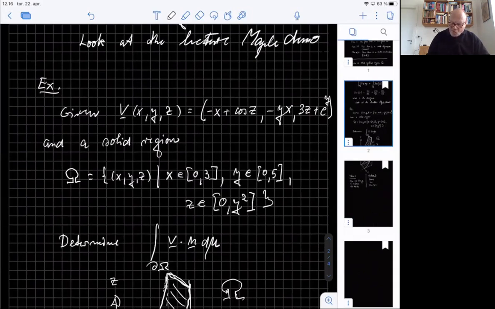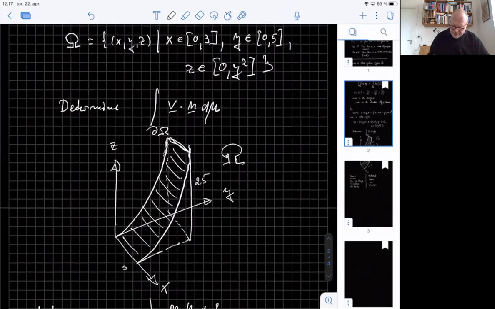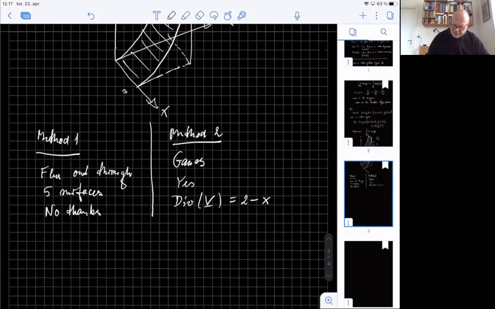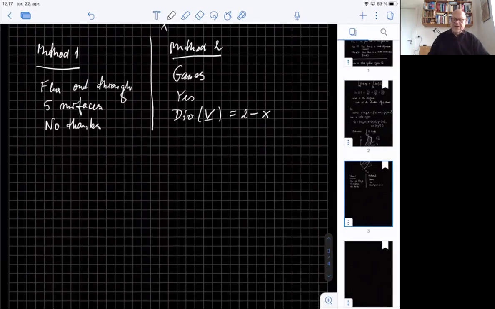And then with respect to y of the second component, that would be -x. And then with respect to z of the third component, that will be 3. So if you add this all together, you get the divergence is equal to 2 minus x. This is a fairly simple divergence, so let's see if we can use this.